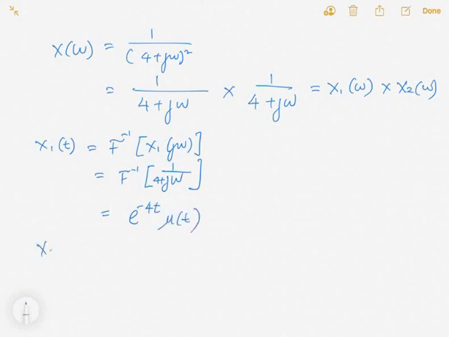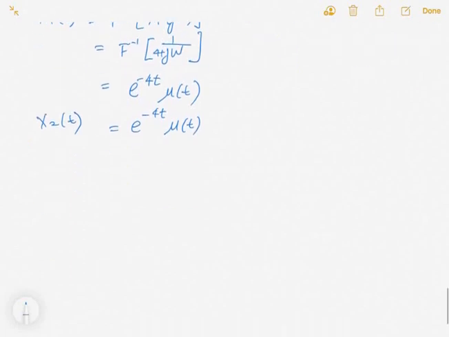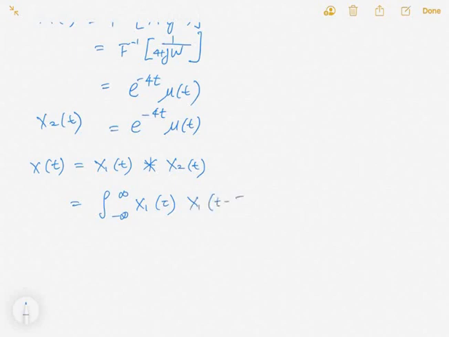For x2(t), you get exponent negative 4t u(t). It's the same thing. So by using the time convolution property, x(t) equal to x1(t) convolute with x2(t). So the convolution is from minus infinity to infinity, x1(tau) x2(t minus tau) d tau.